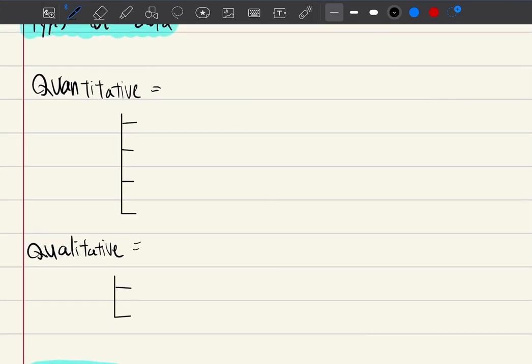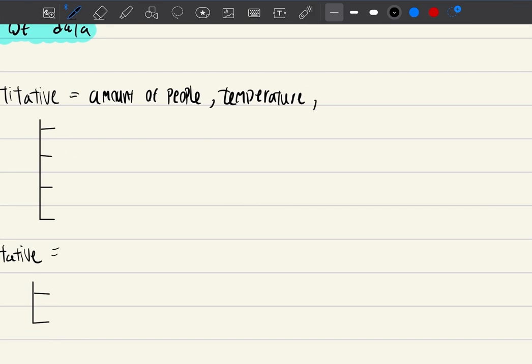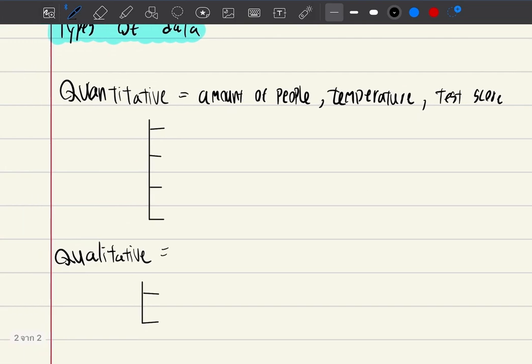The first one is quantitative, which we can measure on a numerical scale, such as the amount of people, temperature, or the scores, the TED score, something like 10 points, 3 people, 50 degrees Celsius.